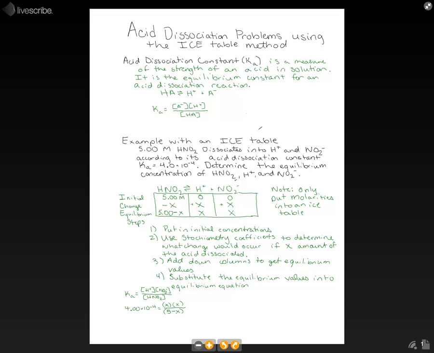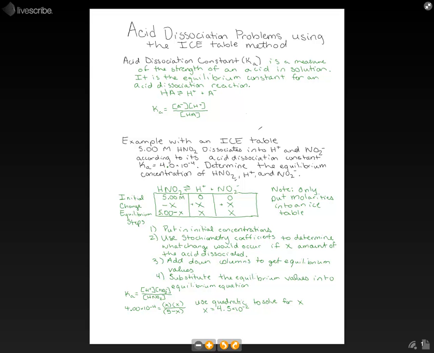This looks kind of complicated because there are a lot of X's here. But if you look at it, you can use the quadratic equation to solve it. It's just that simple. So we're going to use the quadratic to solve for X. And if you use the quadratic, you'll get X equal to 4.5 times 10 to the negative 2.